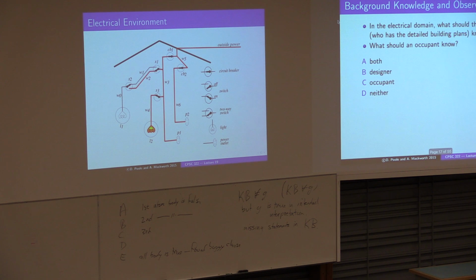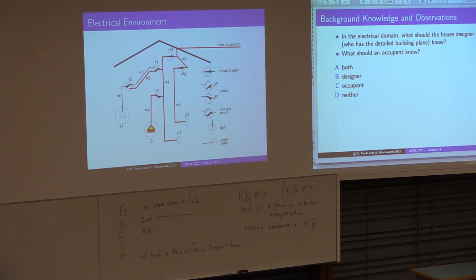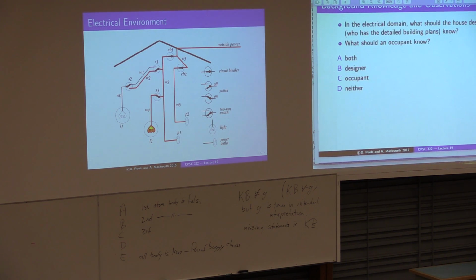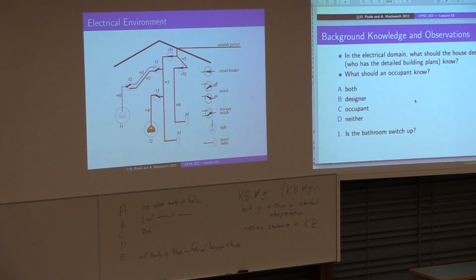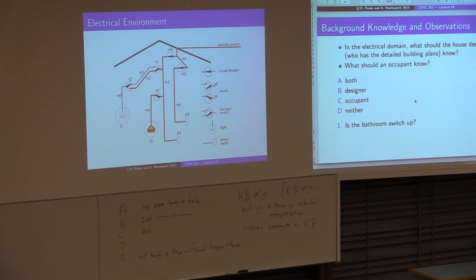So let's suppose, again, we'll do some democracy. Pretend to be democratic. Okay, so we're going to ask A, B, the designer, or the occupant, or neither. What I'd like you to do is to imagine asking the designer a question or asking the occupant a question and seeing what answer they give you. So the first question is, is the bathroom switch up?